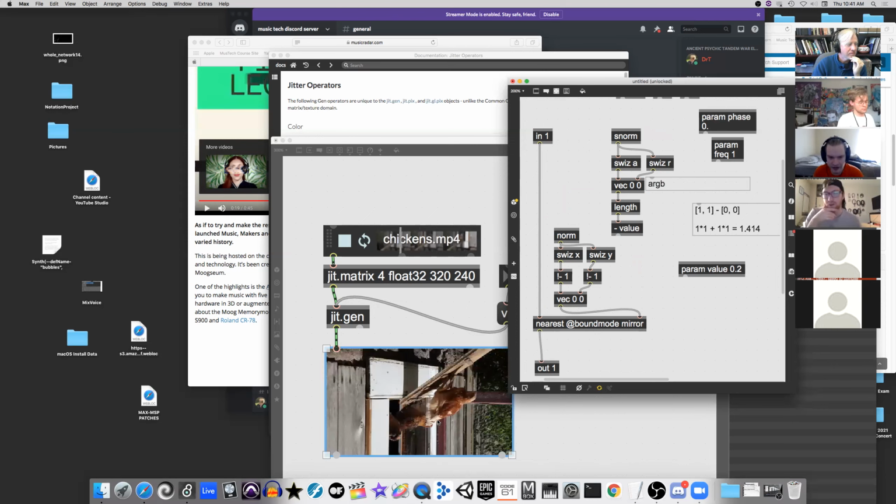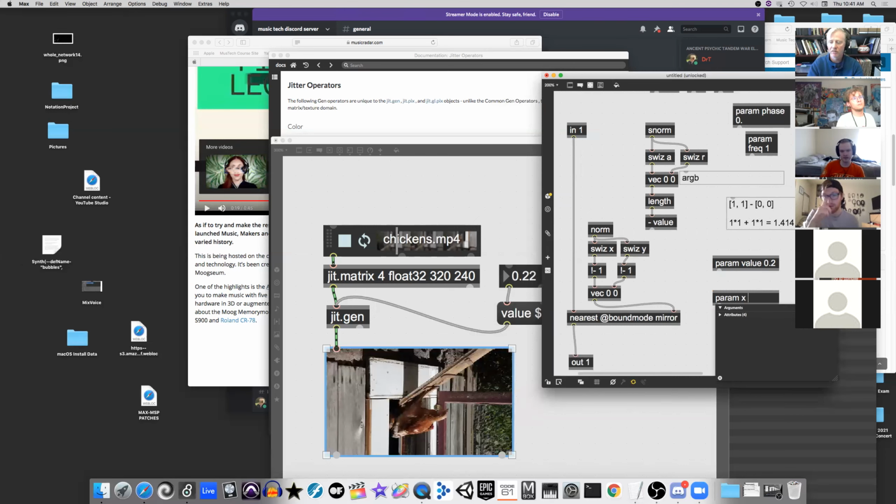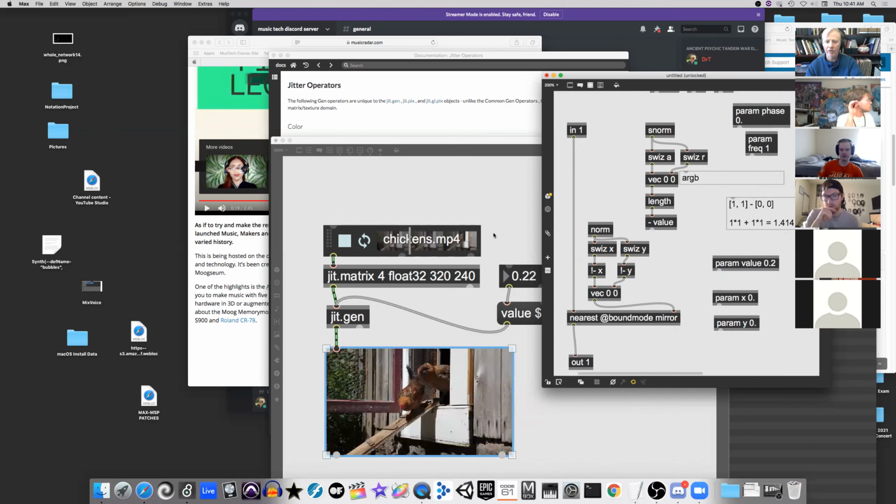You could add and subtract from X and Y. Yeah, so instead of just this being constant, I could use a parameter maybe. So let's say param x and param y. And so now this is going to be x and y. So now they're back to normal, and then outside of this I could change it.